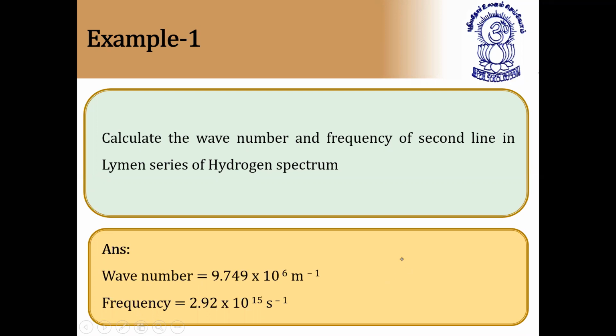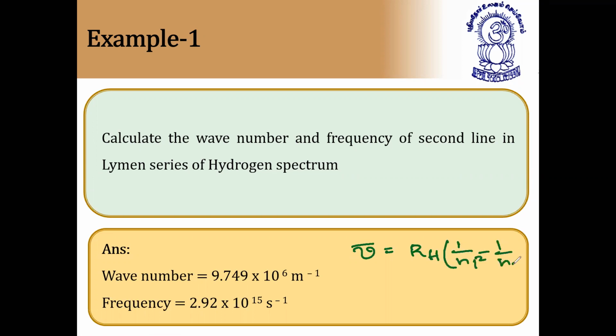The wave number formula again: wave number is equal to 1 by lambda, and that is RH into 1 by n1 square minus 1 by n2 square, where RH is Rydberg's constant. And frequency nu, not nu bar, is equal to c into nu bar.